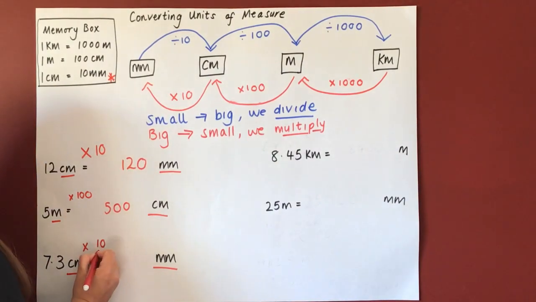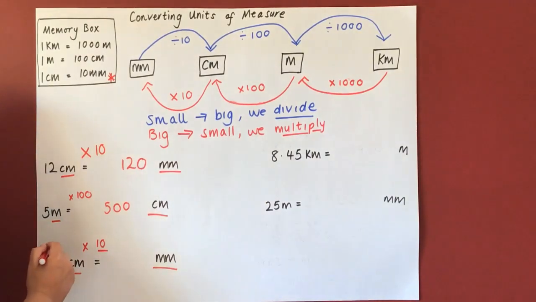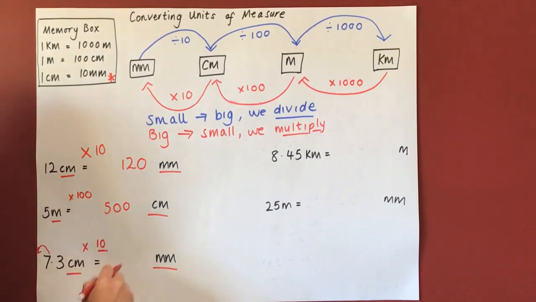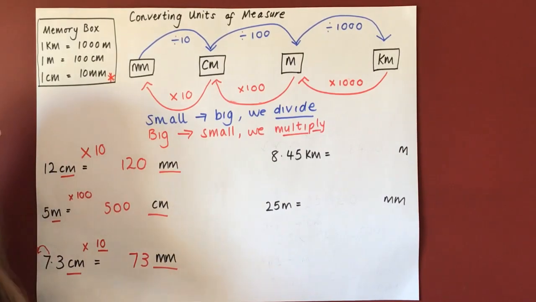We need to go to the left one space because we have 1 zero. So if we can see here, the 7 would go this way, one space, the 3 would shift over. So our answer would then be 73 millimetres. So 7.3 centimetres converted to millimetres would give us 73.